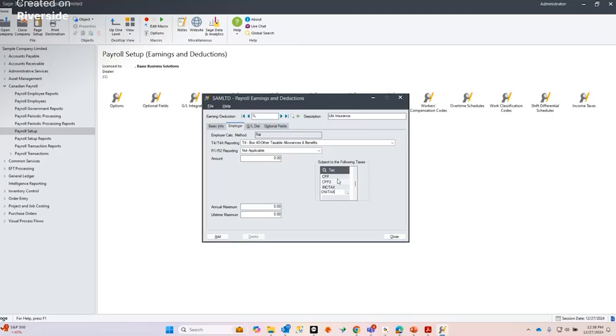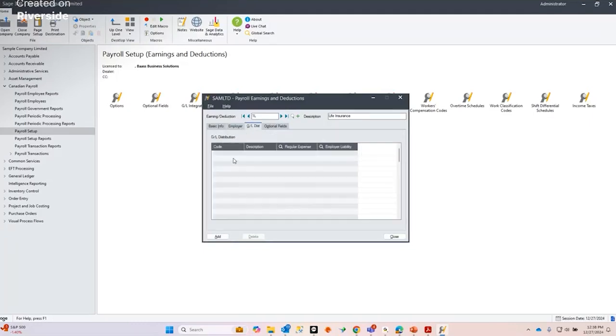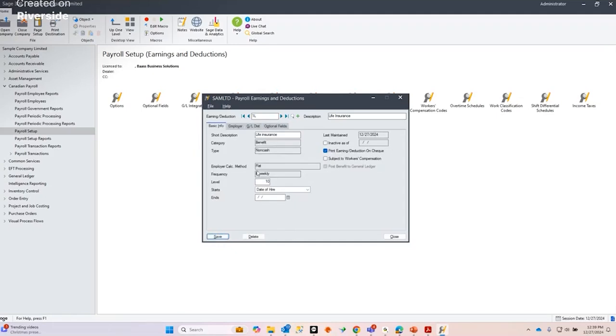Okay, and then you would put in your GL distribution code and the GL account codes that represent your expense. And because we turned on liability, then you would do the same thing under the liability code and then add. So that's how we set up life insurance premium that's being paid by the employer.